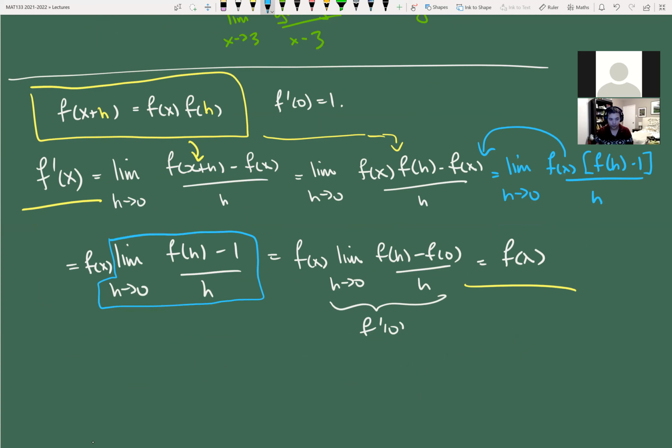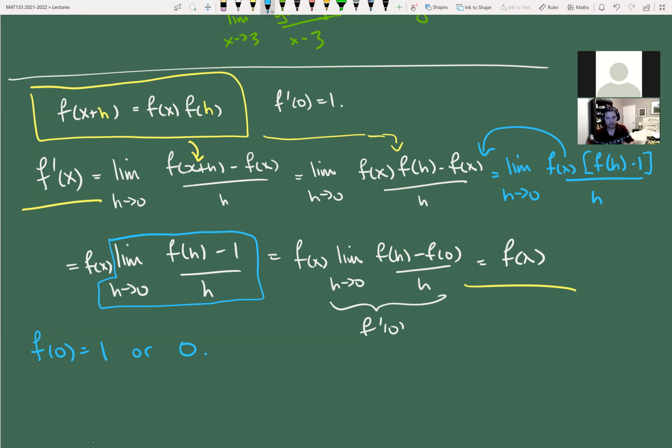In your numeracy assignment, you showed that any function which satisfies this property has f of 0 equal to 1 or 0. Does everyone remember that? You were told to determine the possible values of f of 0, and hopefully you found that the values were either 1 or 0.